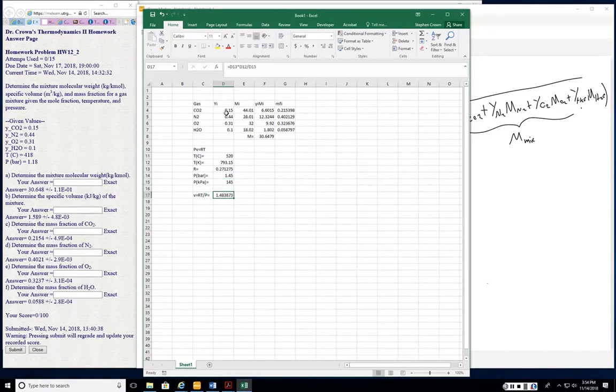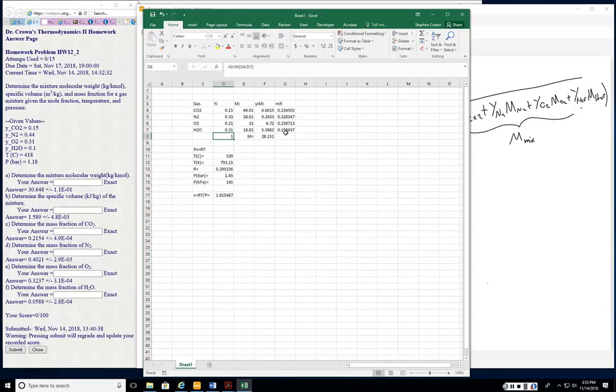And if I changed my fractions, let's say this went to 0.33 and 0.21, and then I might want to sum some of these to verify that in fact I have equal to 1. So if I do 1, now they all sum up to 1, so those mole fractions, I have a little check on that.